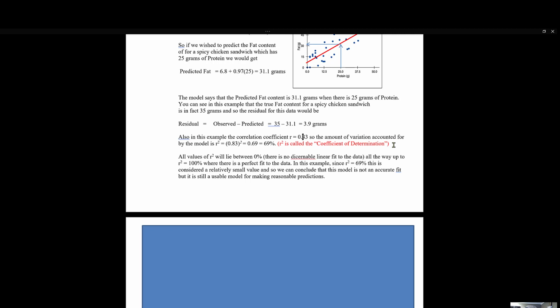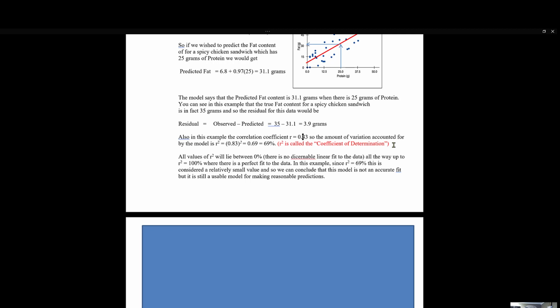The jargon for what this is saying is that for our particular straight line, 69% of the variation that you observe is predicted by the model. So 100% would mean you had a perfect straight line. There is no variation, it's 100% right.